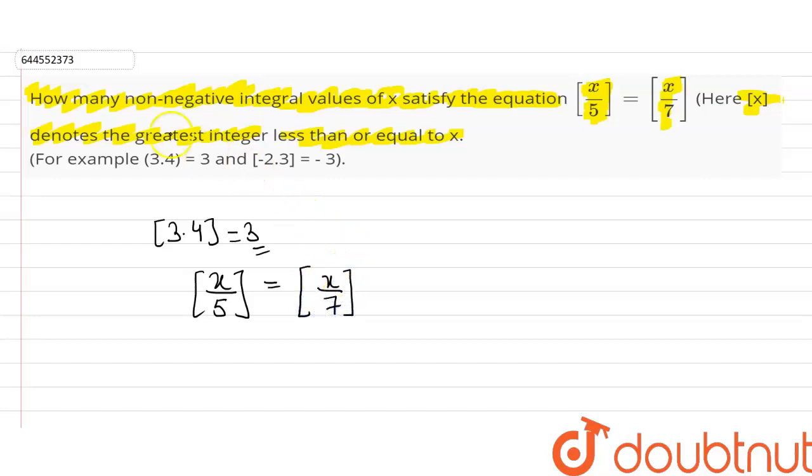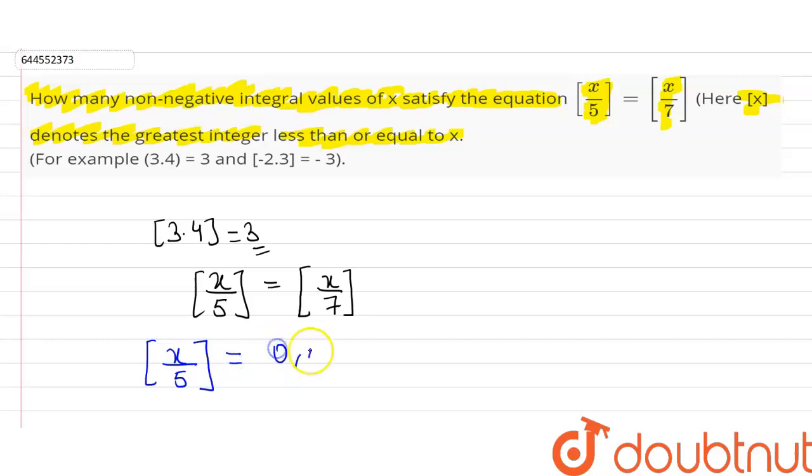So we will have some set of values for which this will give us integers. The integral part of x upon 5 will give us integers in intervals.